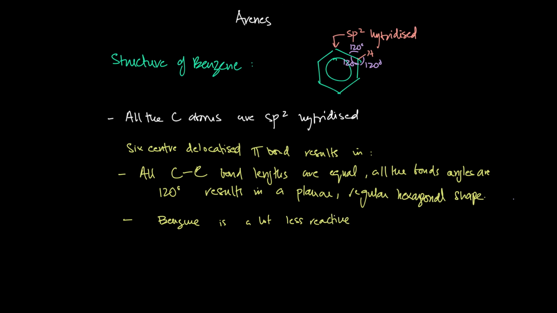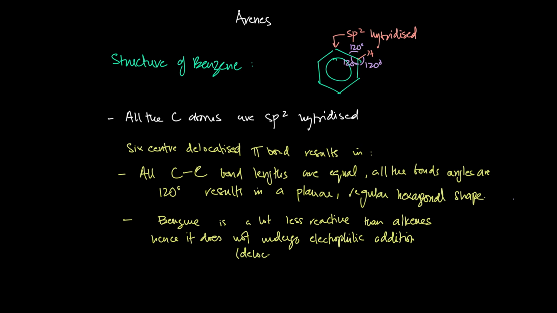than alkenes. Hence it does not undergo electrophilic addition reactions. The reason why it's said to be a lot less reactive is because delocalization of electrons increases the stability of the molecule.